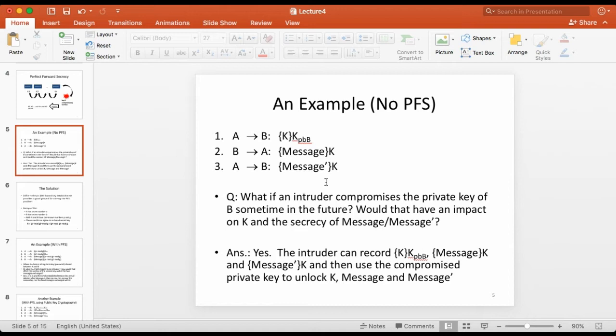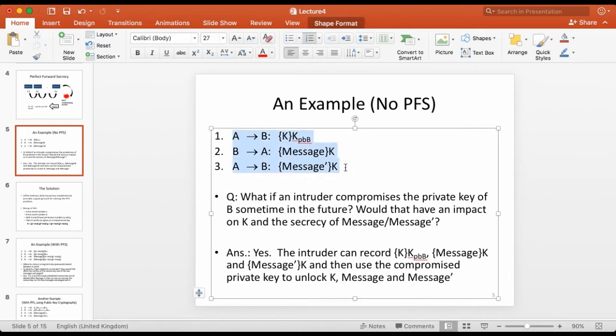And therefore, this three-way handshake as such has no perfect forward secrecy property.